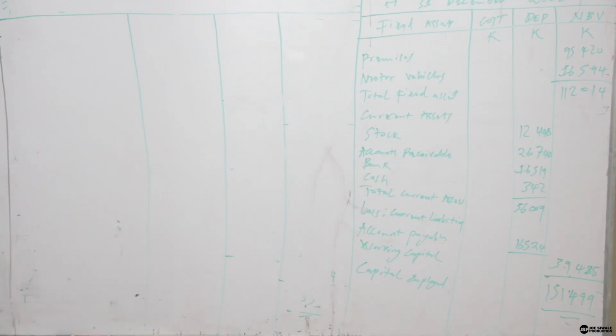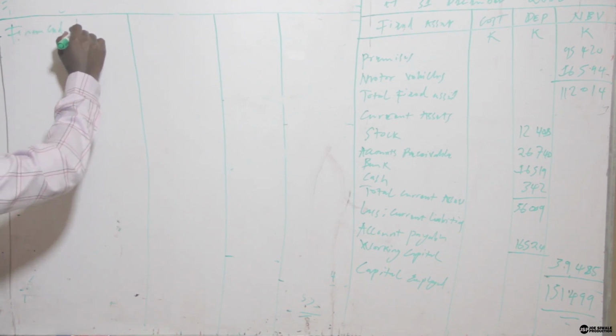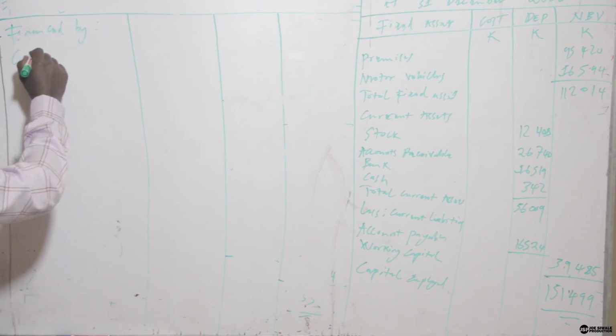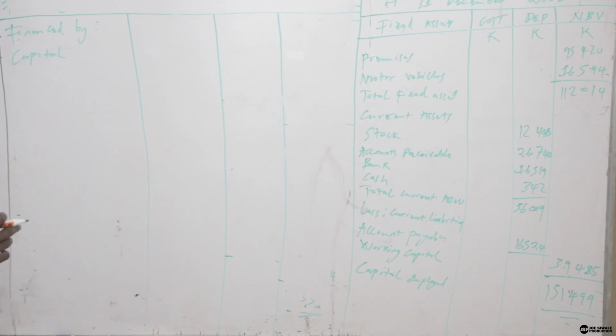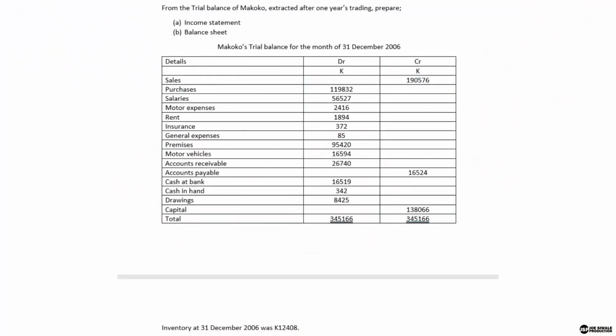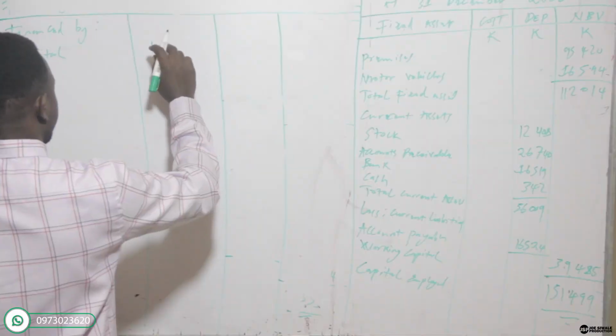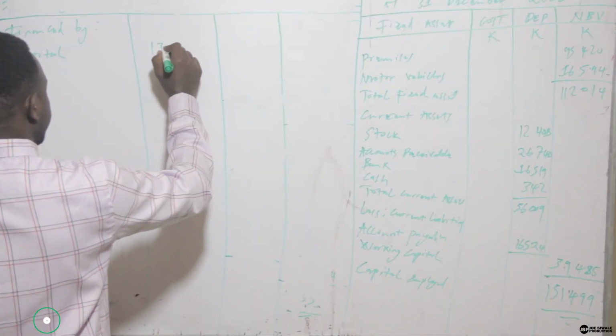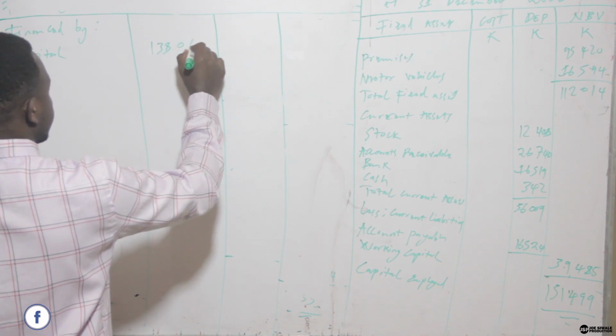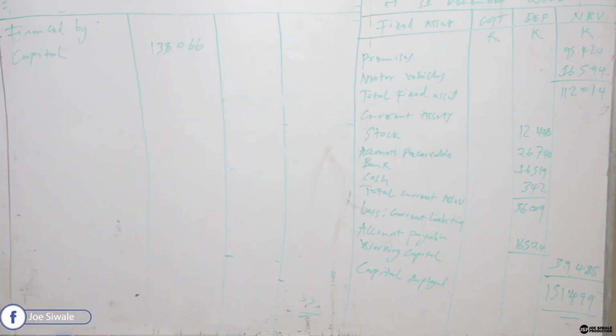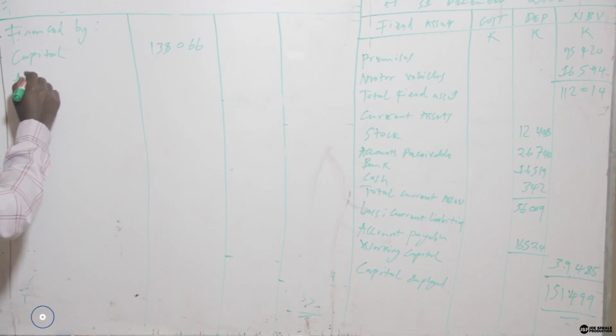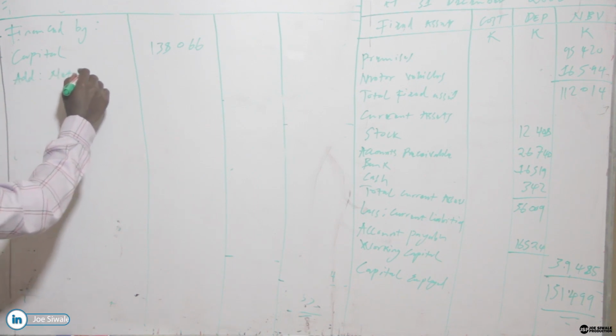So we can continue this side and we can say financed by. So financed by capital. So what amount of capital are we having in the equation? So the amount of capital is 138,066. Then we can say add net profit.